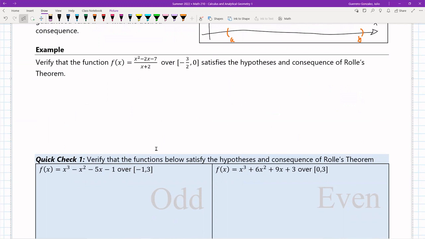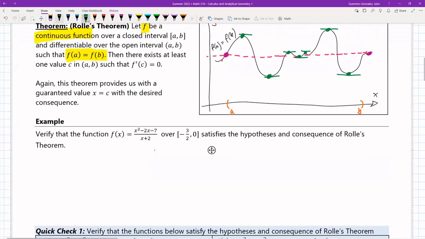But we're going to verify that the function f of x is equal to that over [-3/2, 0] satisfies the hypothesis and consequence of Rolle's theorem. So the hypothesis here, I'm going to write HYP. I'm going to first verify the hypothesis: f is continuous over the closed interval [a, b], it's differentiable, and f of a is equal to f of b.